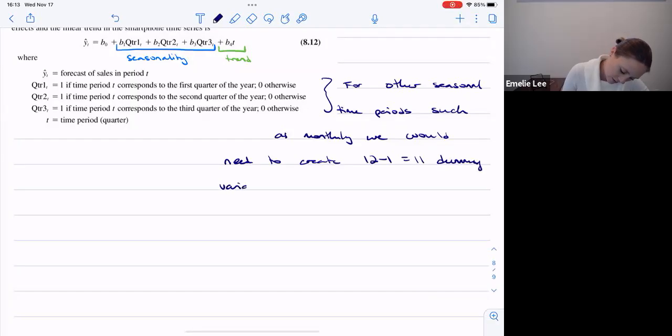So it totally depends on how many seasons you have. Quarters, you have 4 seasons. Monthly, you have 12 seasons. And so you'd have to have the number of seasons minus 1 dummy variables.